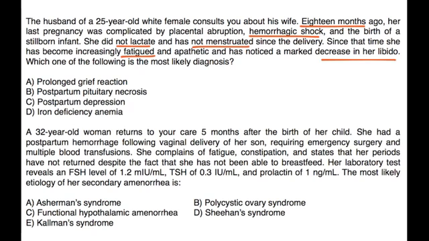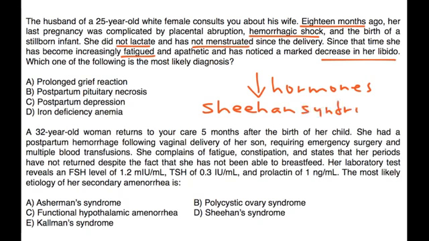Again, a classic scenario of a woman who had a postpartum period complicated by blood loss, and several months later, she has symptoms associated with decreased hormone levels, in particular, hormones of the anterior pituitary, and that is Sheehan syndrome. But in this question, they don't actually mention the name of the syndrome, they just describe it. And you can describe it as a maternal postpartum hypopituitarism because the cells of the pituitary have become damaged or necrotic. And that would be choice B.